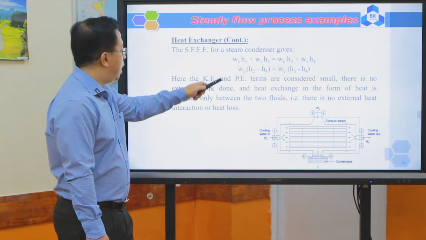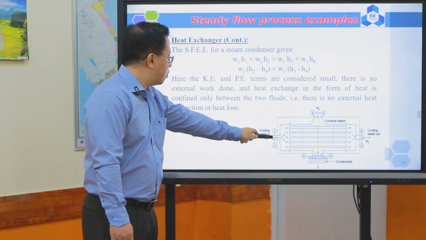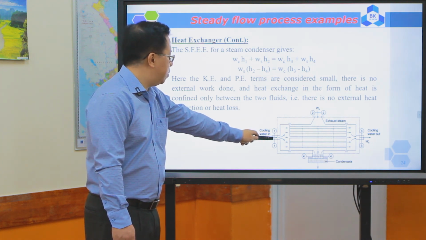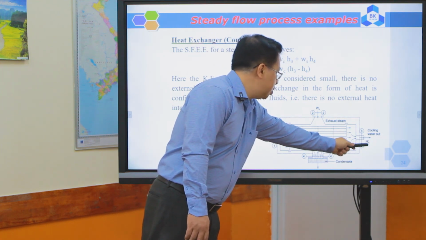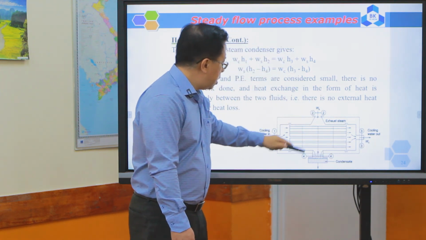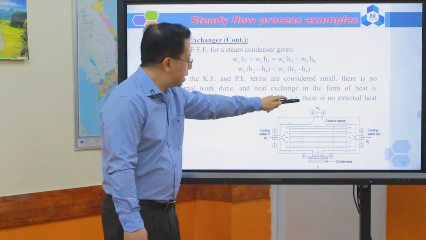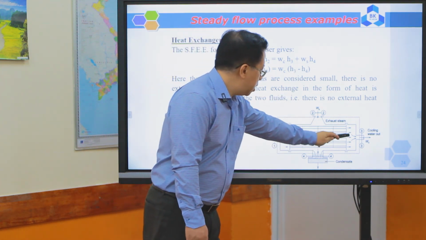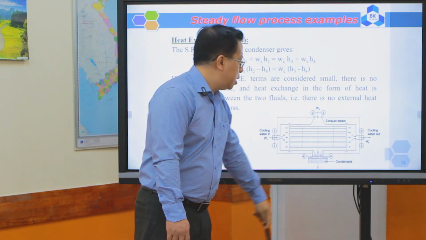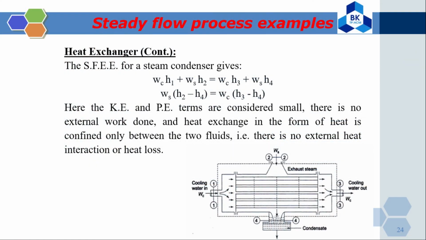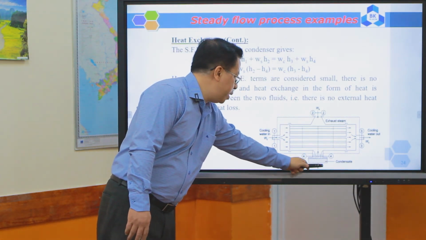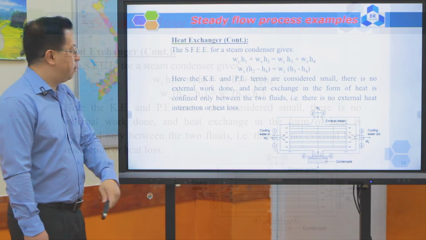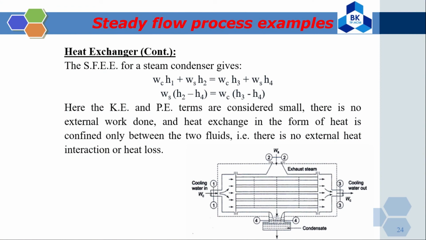And of course, H1 is the enthalpy at the input of the water. H2 is the enthalpy of the steam input to the system. H3 is the enthalpy of the leaving water, and H4 is the enthalpy of the condensate leaving the condenser.